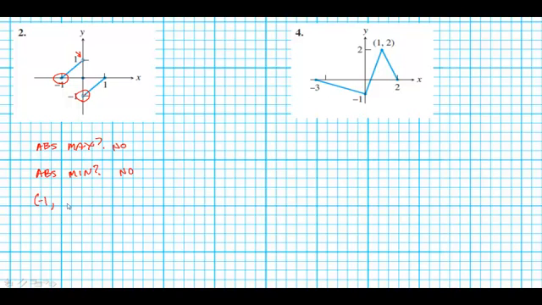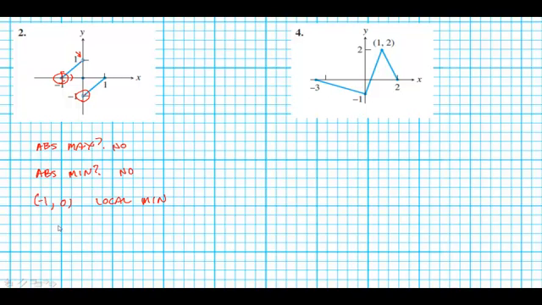at -1, 0, that is a local minimum, because I can create a half-closed interval in which that point is the lowest within that interval.